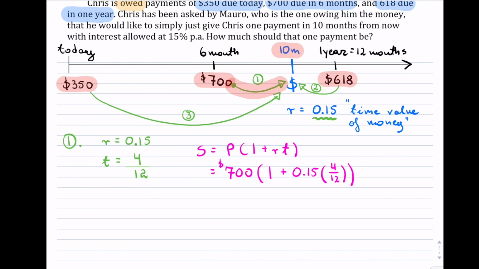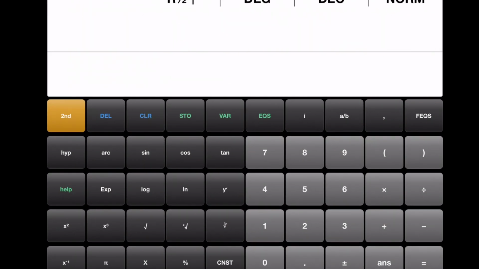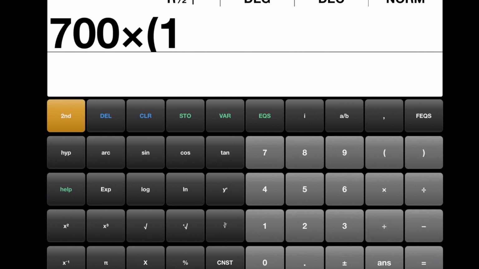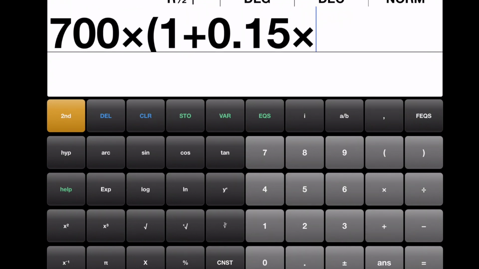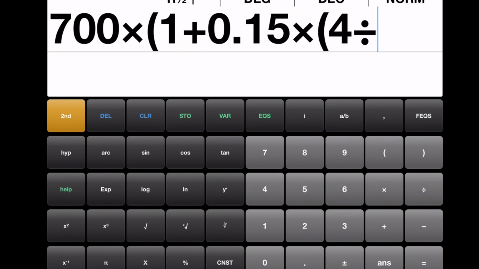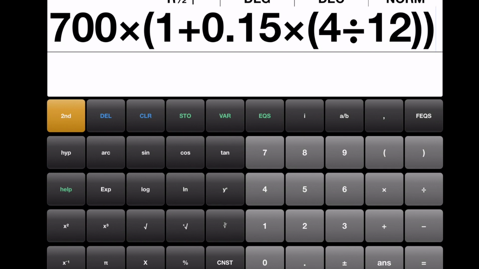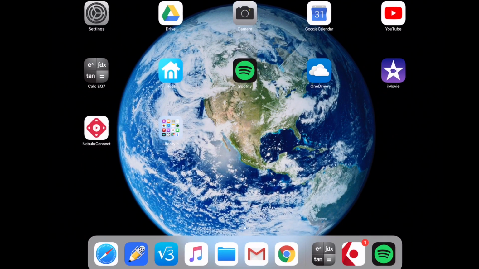And close my bracket, equals. So let's see what that gives us. So we have 700 times, open bracket, 1 plus 0.15 times the 4 months, divided by 12, and that's $735.